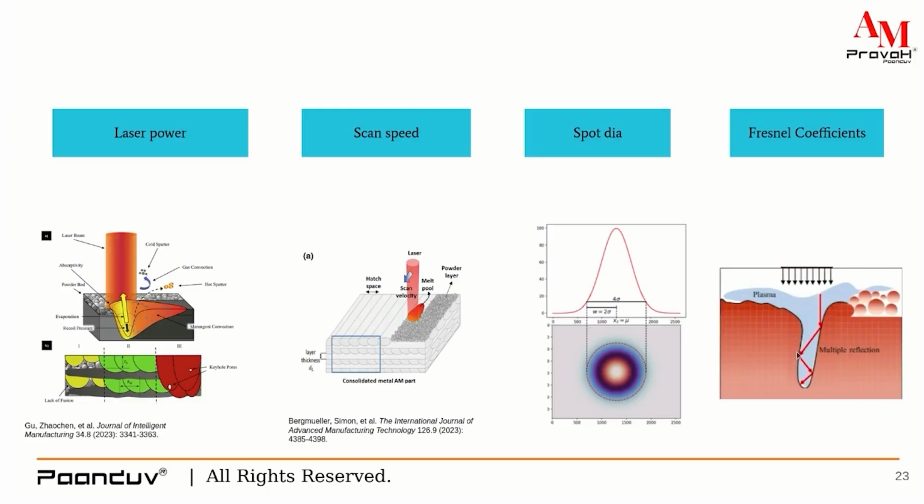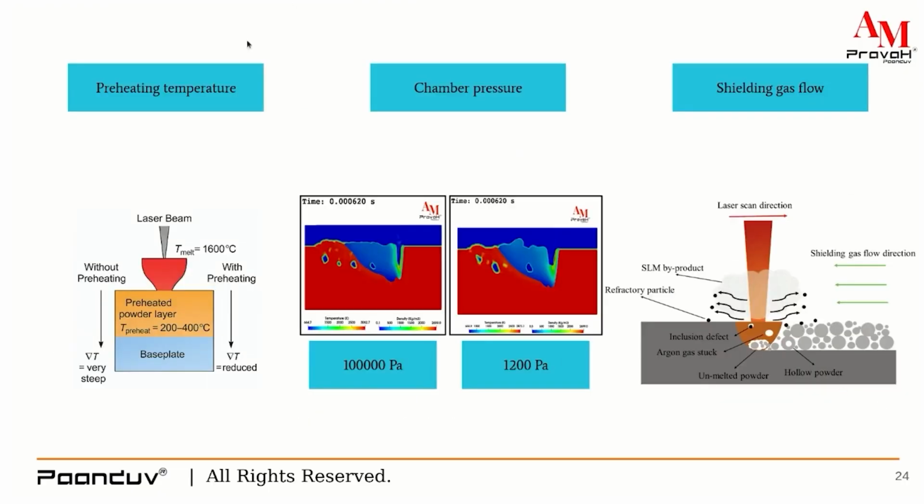The next point is shielding gas flow. If you have the shielding gas flow in particular angle, particular direction, particular velocity, you can eliminate the defects, because it can take away the vapor from there and it can help mitigating the defects further. Now another parameter which can be controlled is scanning strategy.